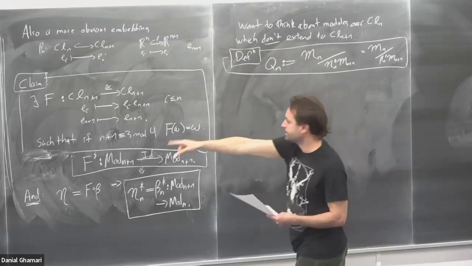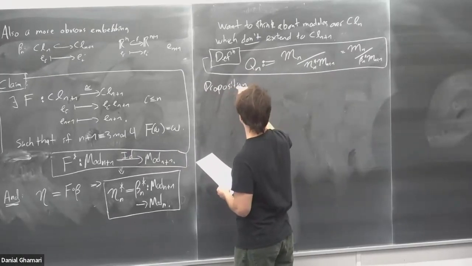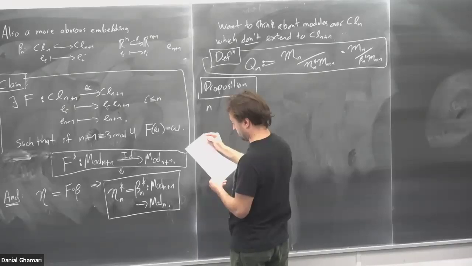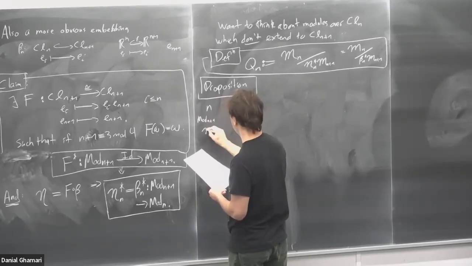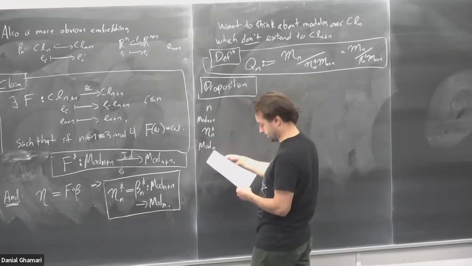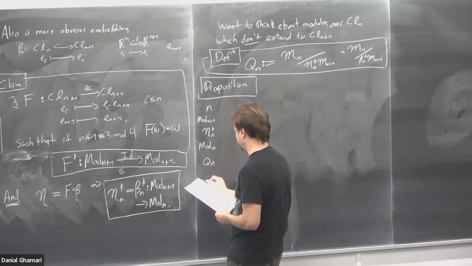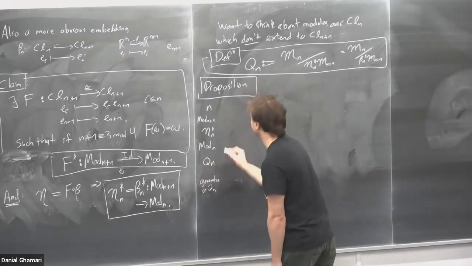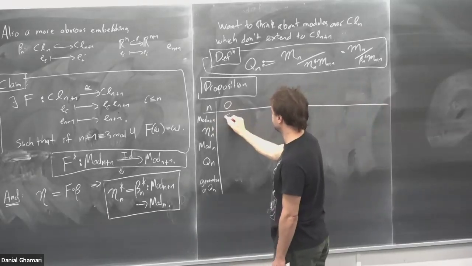If you put all of this into this language, we get the whole thing: we have modules over n plus one mapping to modules over n, and then we take our quotient of n, and then we give explicitly a generator.